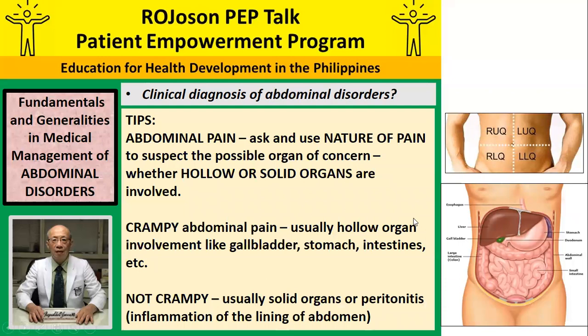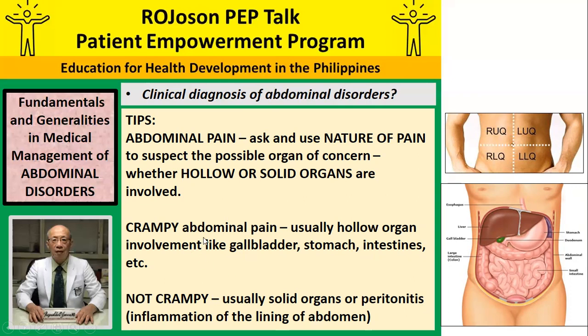In patients with abdominal pain, ask and use the nature of the pain to suspect the possible organ of concern, whether hollow or solid organs are involved. The abdominal organs are usually made up of solid and hollow organs, such as the intestines.